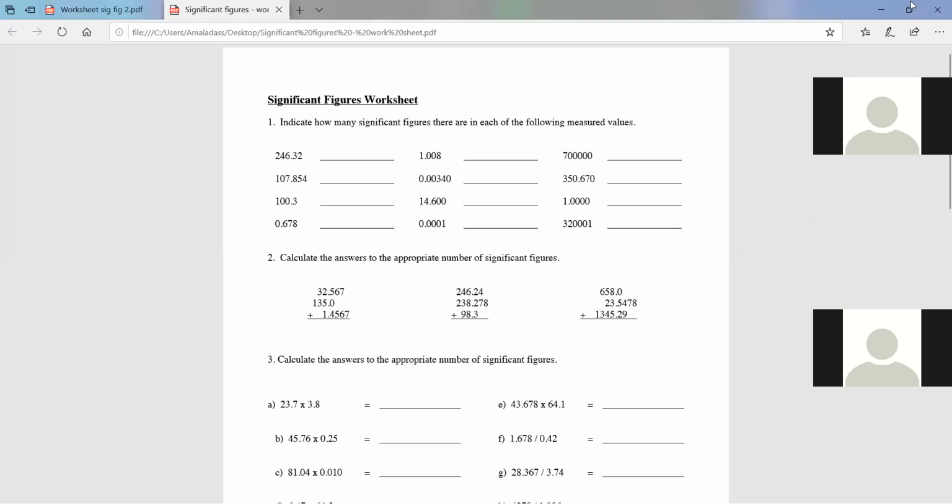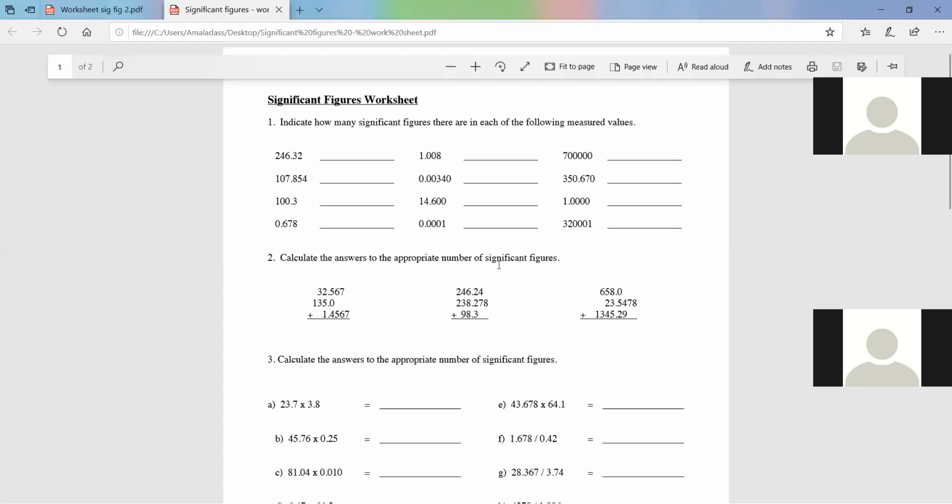I hope now you can see the screen, right? There are 3 addition problems, right?